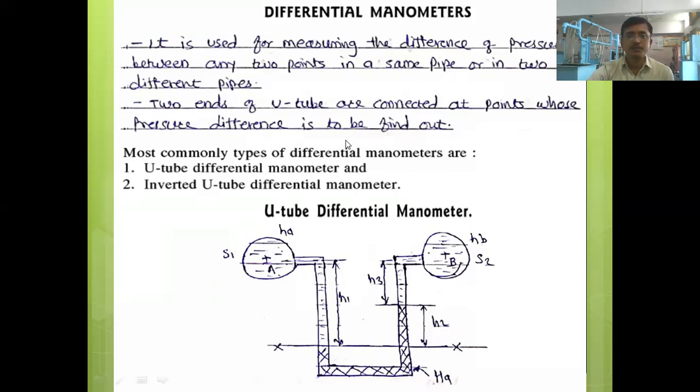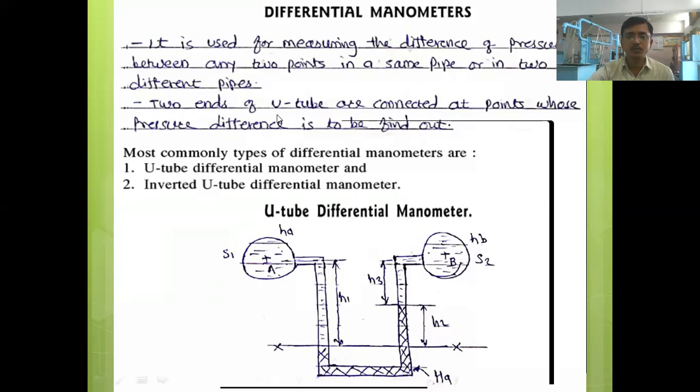In simple manometers, one end of the manometer is connected to the pipe and the other end is kept open to the atmosphere, right? Among the simple manometers we have seen, first we saw the piezometer. In the piezometer also, one end is connected to the pipe and the other end is open to the atmosphere. Second, we saw the simple tube manometer.